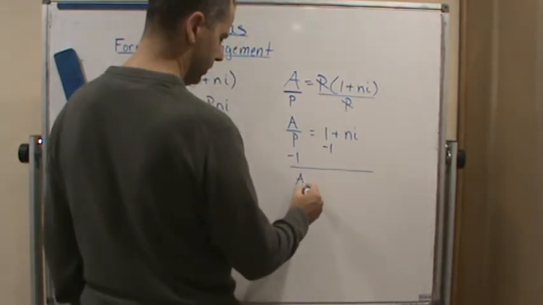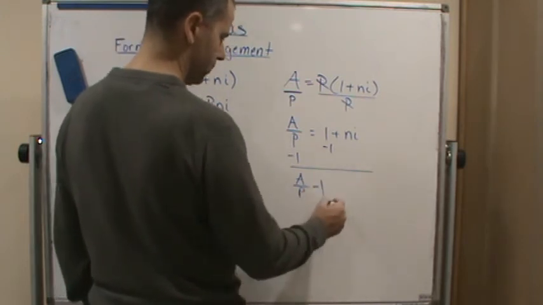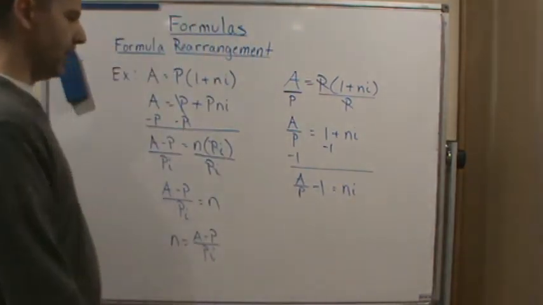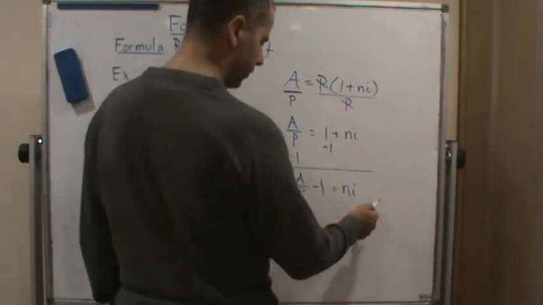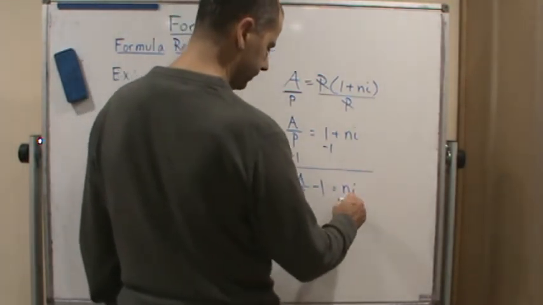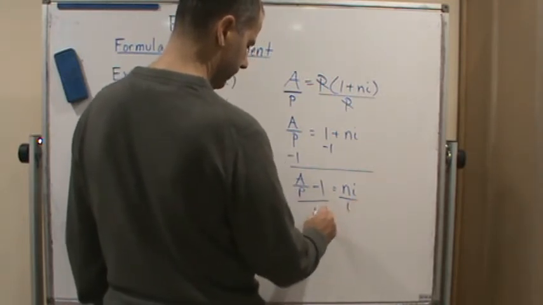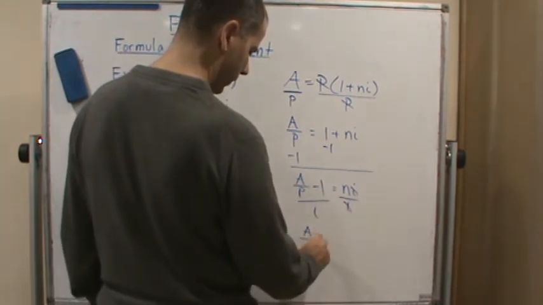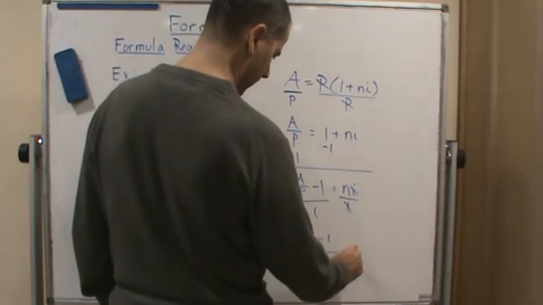So I get A divided by p minus 1 equals n times I. So now, I'm just going to divide both sides by I. And so I get A over p minus 1, divided by I, equals n.